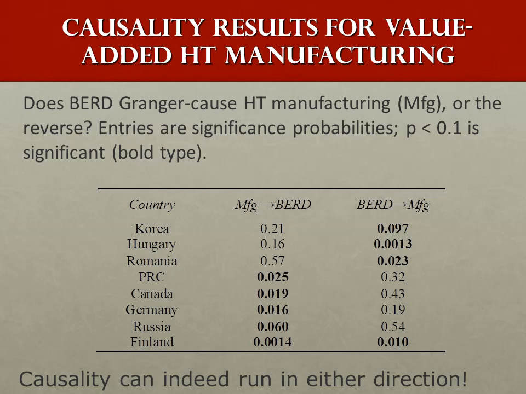Actually, if you look on the bottom row, Finland has boldface type in both columns, so it has bidirectional causality, and that maybe gives you pause, but it's not so unreasonable. If you visualize a model of innovation, you can have a feedback loop where you don't have to have just flow in one direction. You can have flow in both directions.